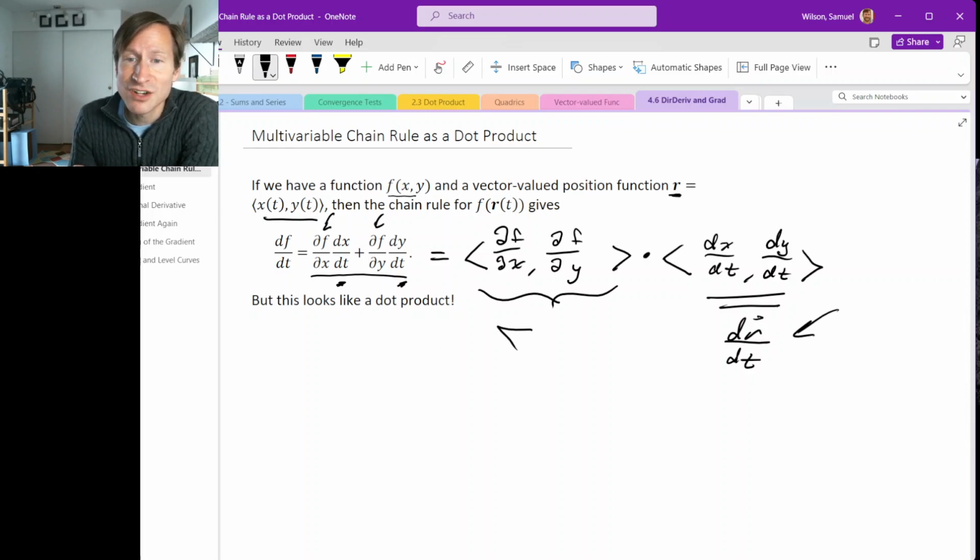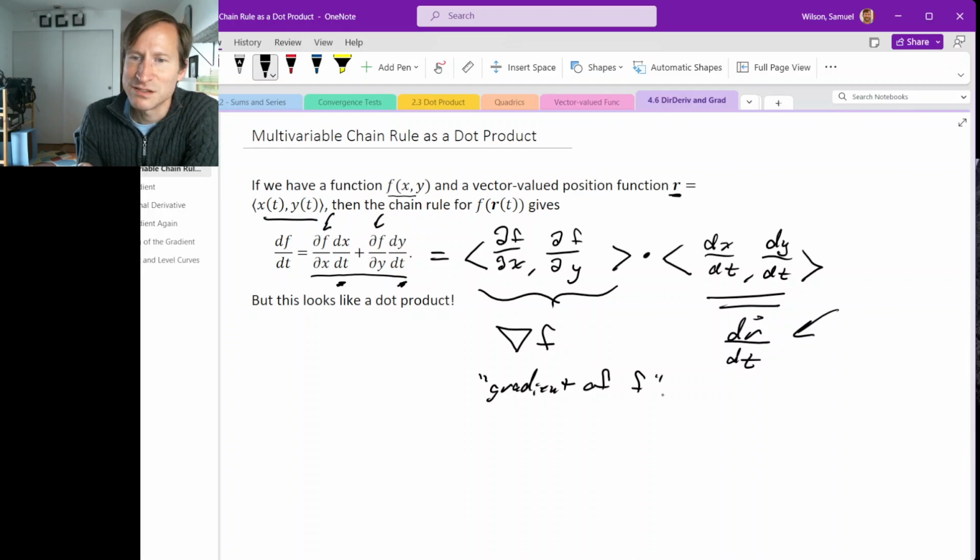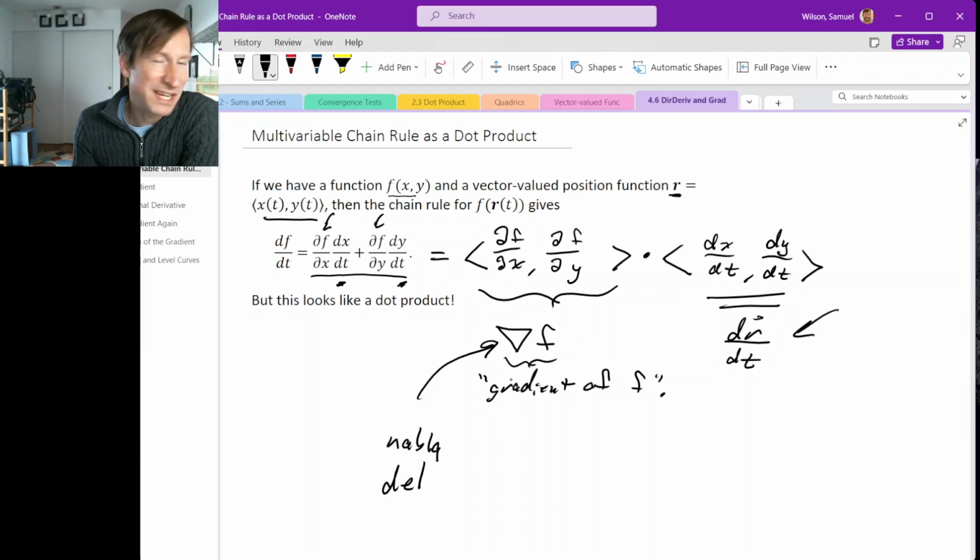This vector gets called the upside down triangle f, pronounced the gradient of f. Sometimes this symbol on its own, the upside down triangle, is called nabla. Sometimes it's called del, but this collection of symbols is called gradient of f.